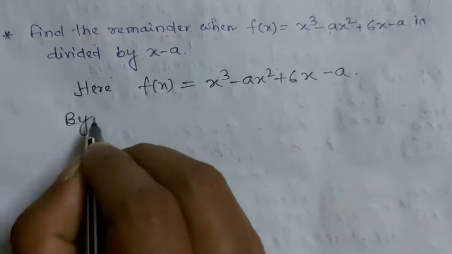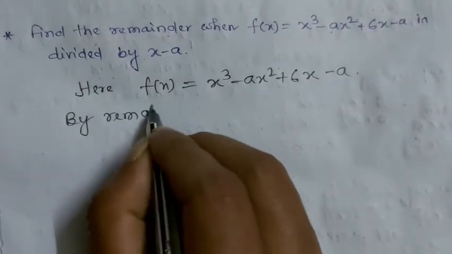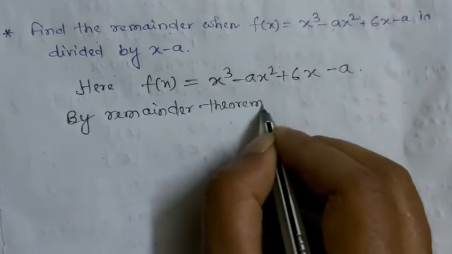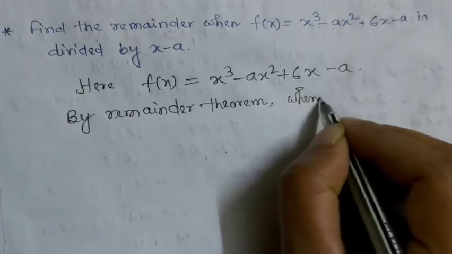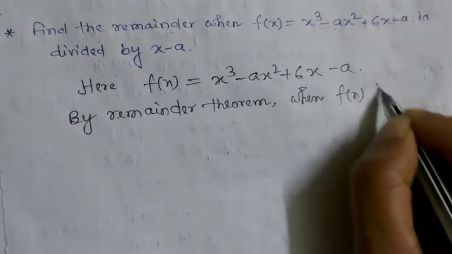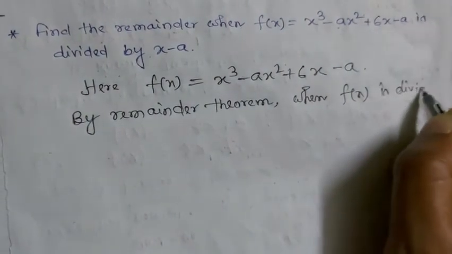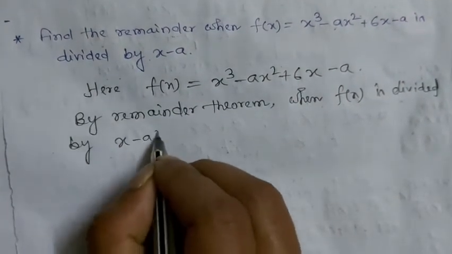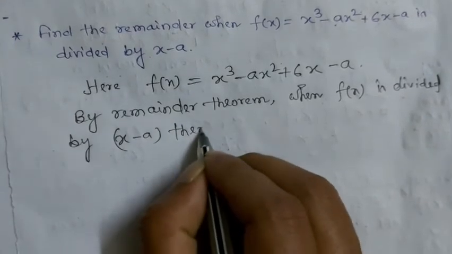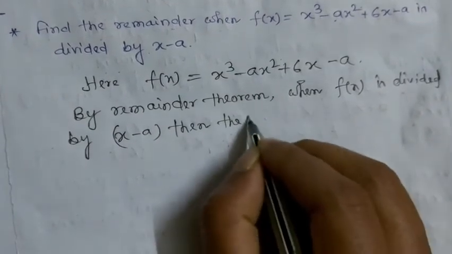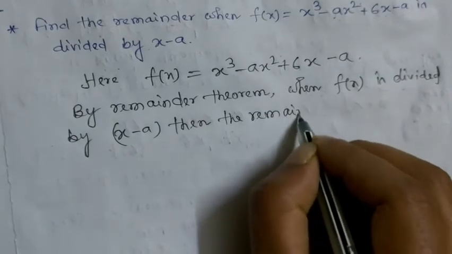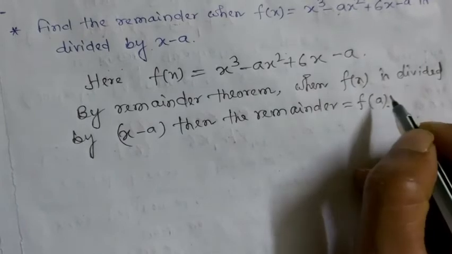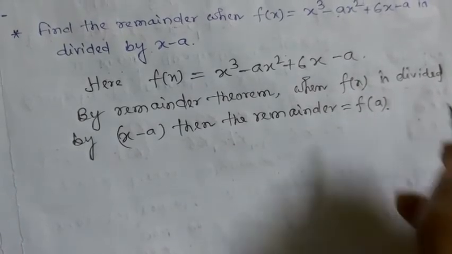By the remainder theorem, when f(x) is divided by x minus a, then the remainder is equal to f of a.